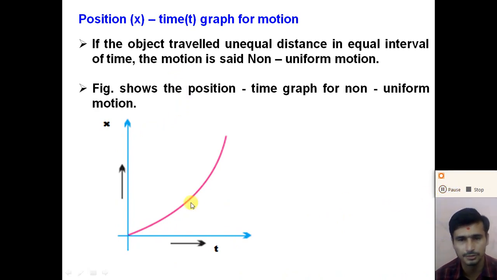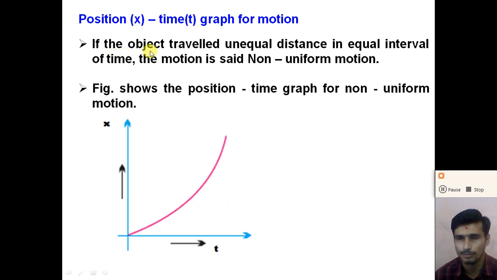So here, dear student, when the position-time graph is non-linear, that means the object travels unequal distance in an equal interval of time. The motion is said to be a non-uniform motion.